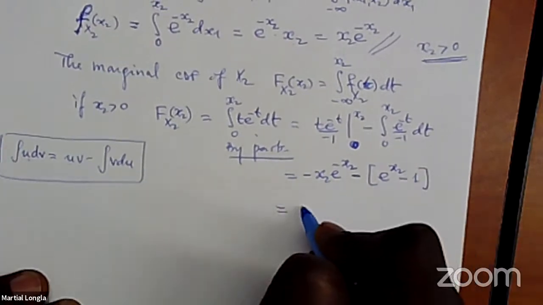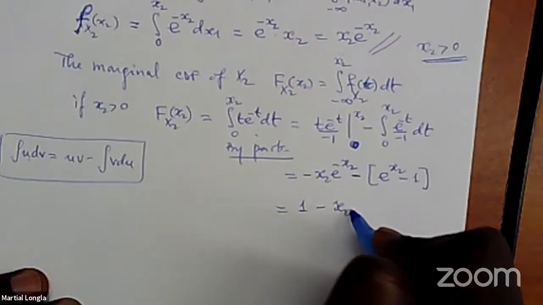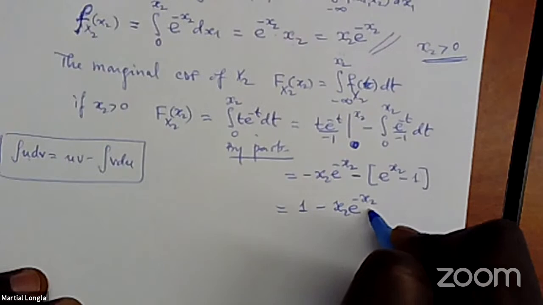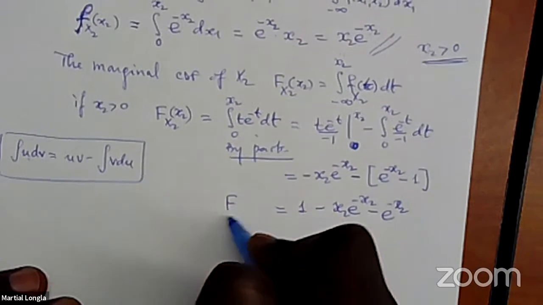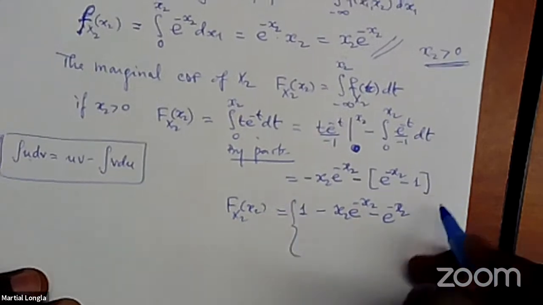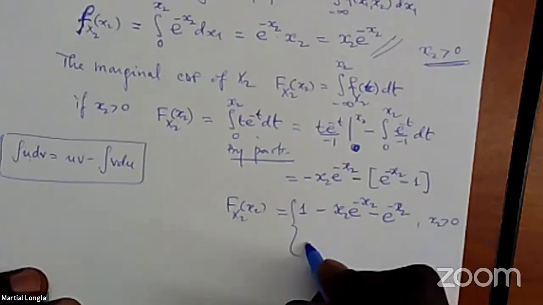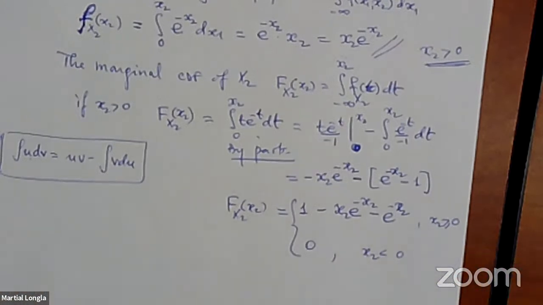So in the end, you get 1 minus x2 e to the negative x2 minus e to the negative x2. That is when x2 is positive. Any questions?